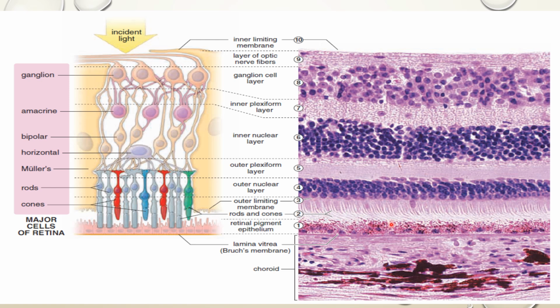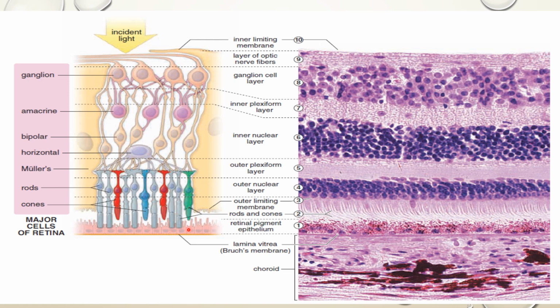As we see here, this is the layer of retinal pigmented epithelium, then layer of rods and cones, the photoreceptor cells, then the outer limiting membrane and the outer nuclear layer, the outer plexiform layer, inner nuclear layer, inner plexiform layer, ganglion cell layer, layer of the optic nerve fibers, and finally the layer of the inner limiting membrane.